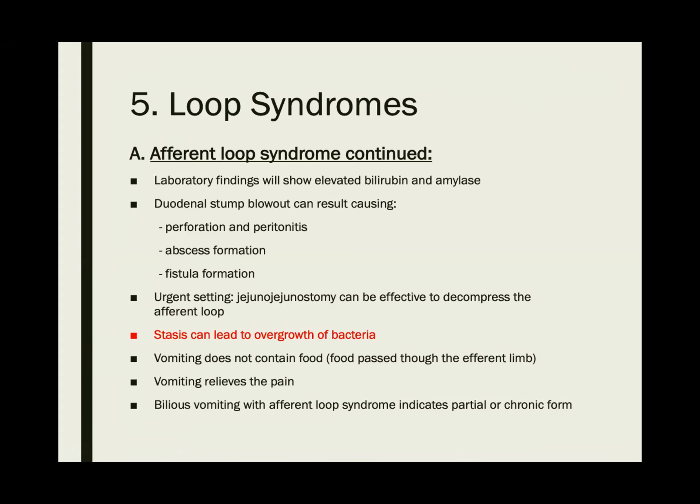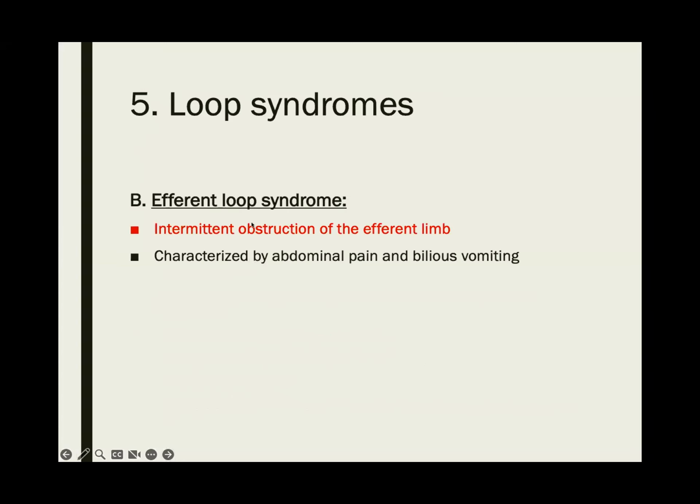The afferent doesn't have food. Vomiting doesn't contain food, it passes through the efferent. Vomiting relieves the pain, and bilious vomiting with afferent loop indicates the chronic form, as we said.